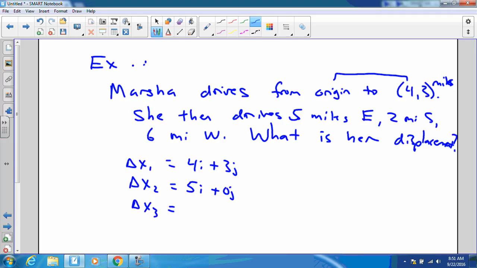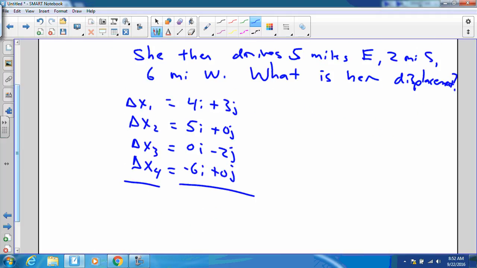And her third displacement we can represent as 2 miles south: 0i minus 2j. You got it. And her fourth displacement is 6 miles west, negative 6i plus 0j. And now we add them up and move them out, and we get 3i plus 1j, and that is your overall displacement.